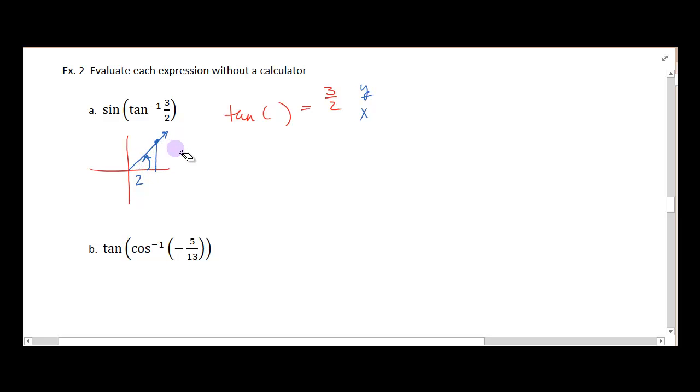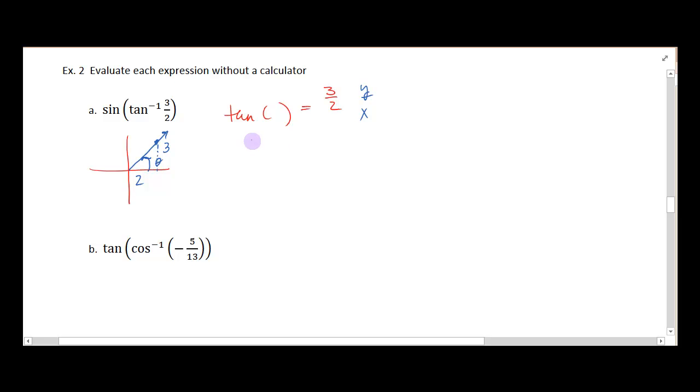Let me erase that one line. I have the angle theta represented by this triangle. And if I know that the y value is 3, the x value is 2, then I can find the r value here, which is what I need. So I use my definition of tangent to draw a picture.